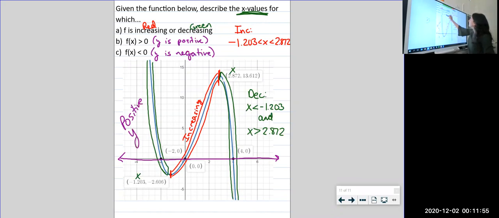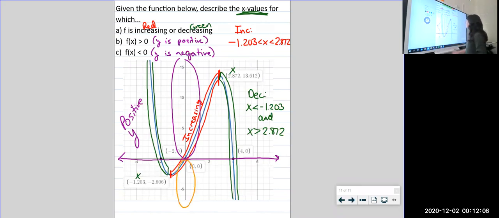Positive y's, because that's this positive y-axis right there in the middle. Negative y's, on the other hand, are below. So anything below here is when we have the negative y values.